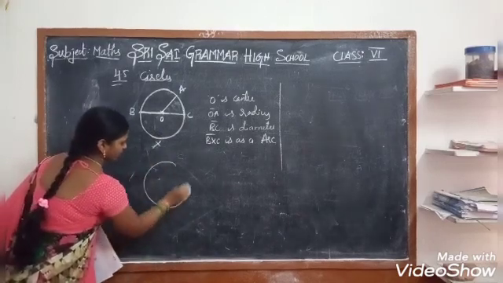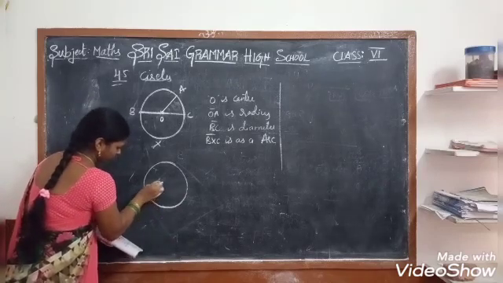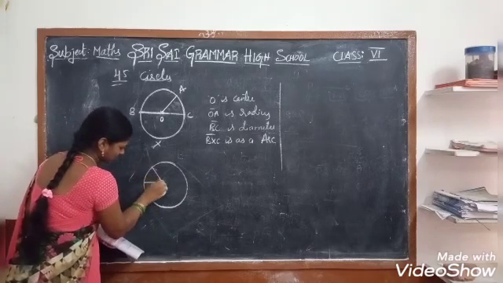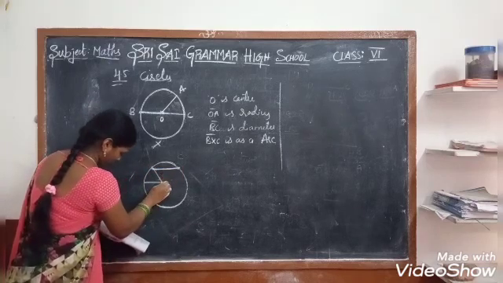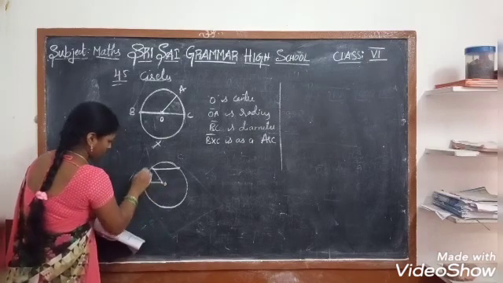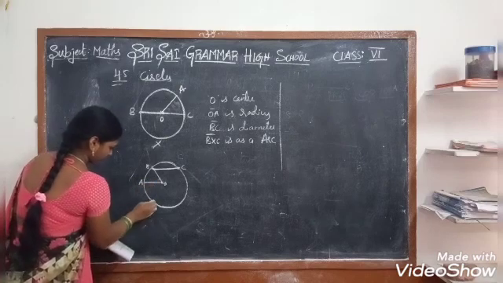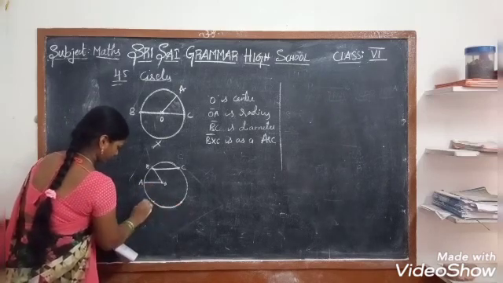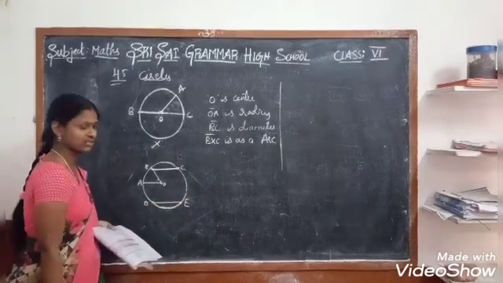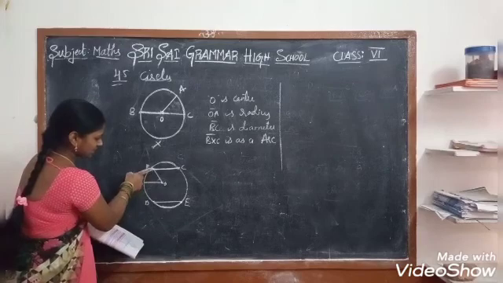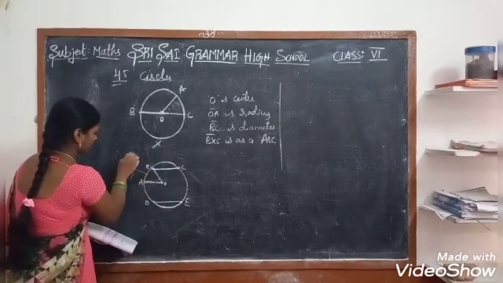This is the circle they have drawn. This is the center, point O, point B, point C. Now here AOB is called the sector.